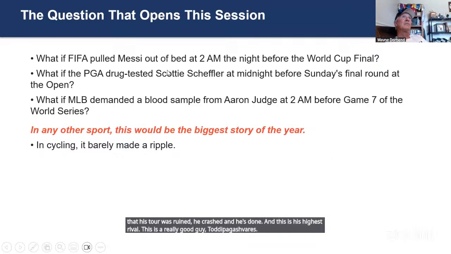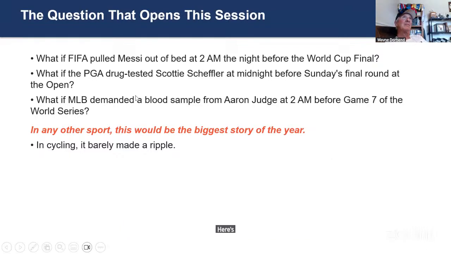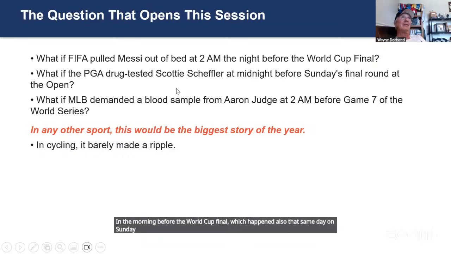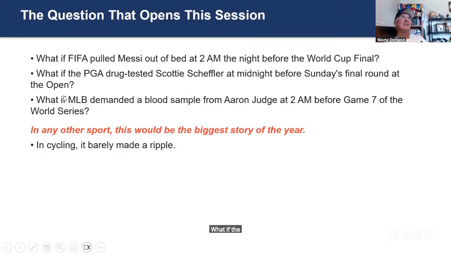So here's the question. What if FIFA decided to do the same thing with Lionel Messi at 2 a.m. in the morning before the World Cup final, which happened also that same day on Sunday? What if the PGA decided to test Scottie Scheffler at midnight before Sunday's final round at the British Open?